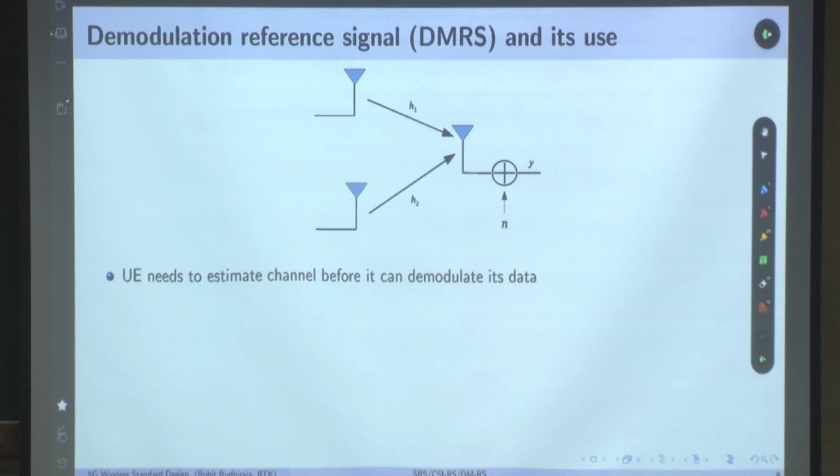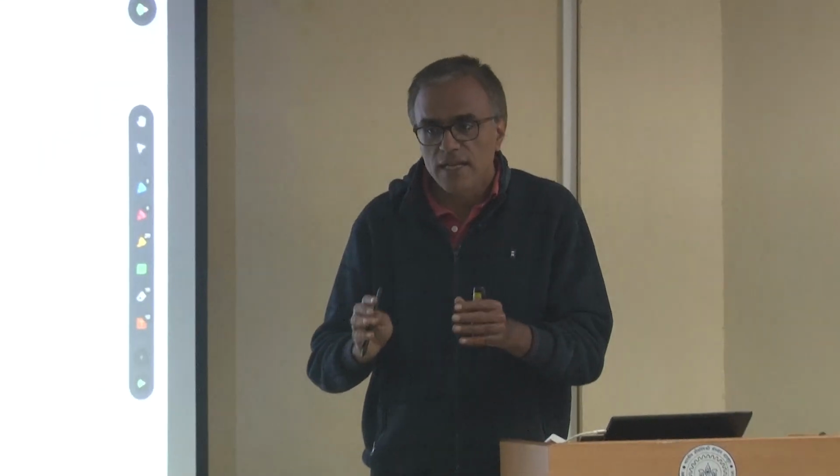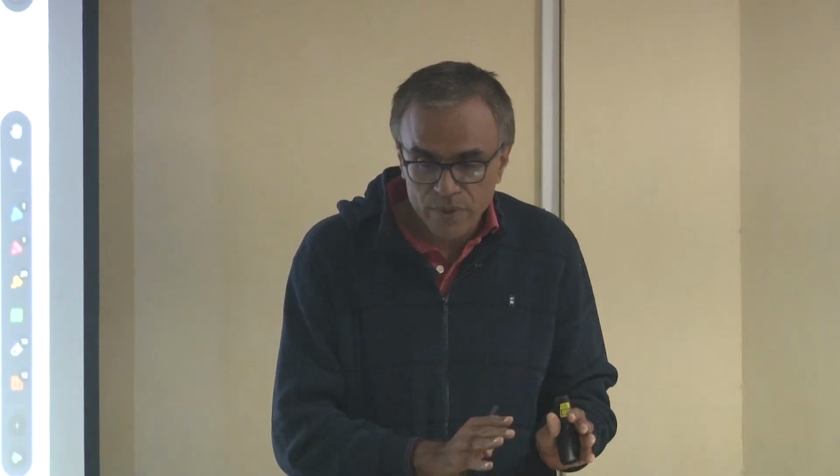Actual data was not being sent, correct. Now the base station is all ready to send the PDSCH to the user. Now it sends this DMRS along with data to help the user demodulate the data. How it happens, we'll see that.